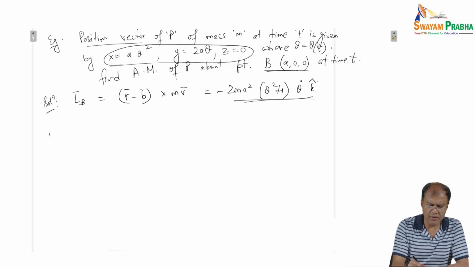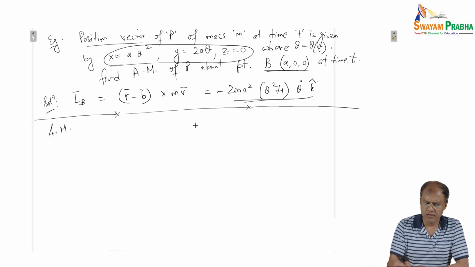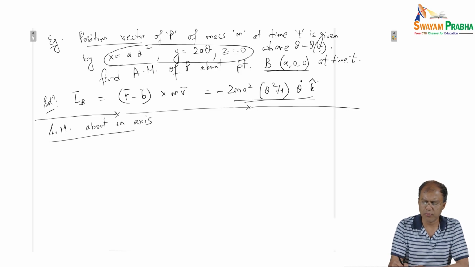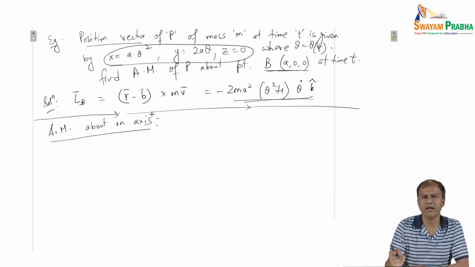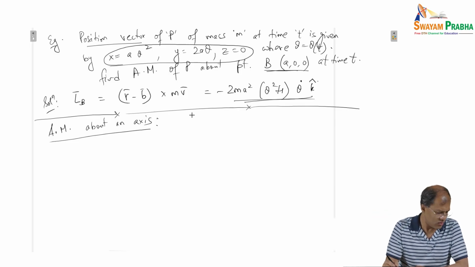Then we can also similarly define angular momentum about an axis. Essentially, we project our formula of angular momentum onto the axis we are talking about.